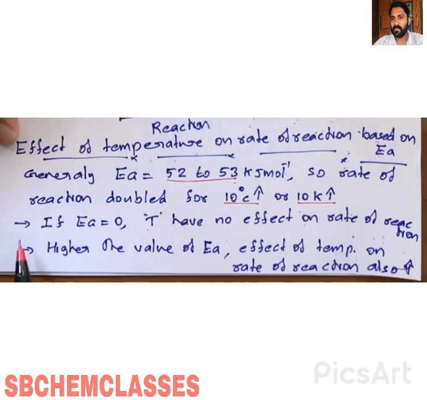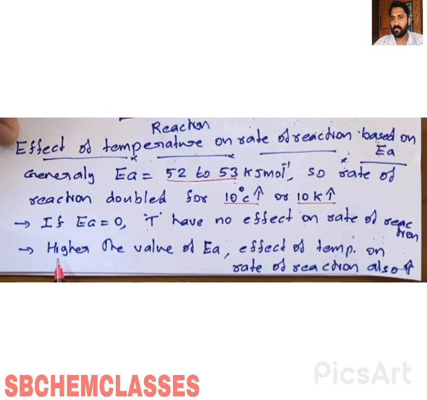But we have to focus on two more statements. If the activation energy of a reaction is 0, that is a hypothetical condition. If Ea equals 0, then temperature has no effect on the rate of reaction. That means if temperature increases, the rate of reaction remains the same.